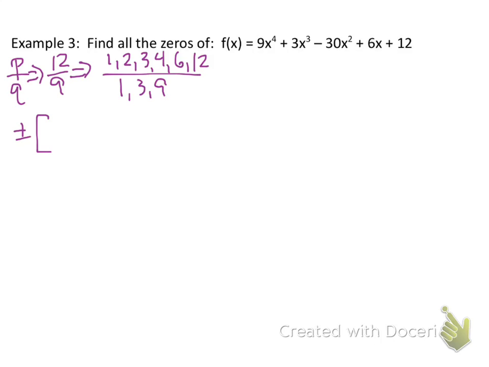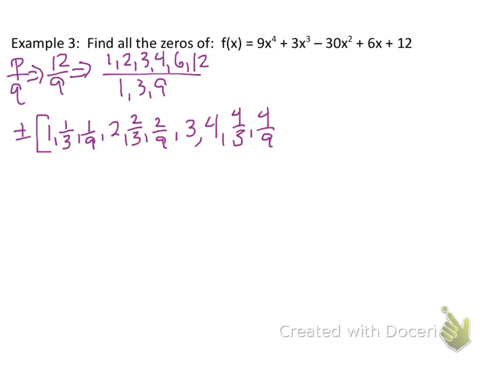So my possible rational zeros: 1 over 1, 1 over 3, 1 over 9, 2 over 1, 2 over 3, 2 over 9, 3 over 3, 3 over 1. 3 over 3 is 1, so we don't have to relist that. 3 over 9 would be 1/3, which we've also listed. 4 over 1, 4 over 3, and 4 over 9. 6 over 1. 6 over 3 is 2, we've already listed that. 6 over 9 is 2/3, we've already listed that. 12 over 1. 12 over 3 is 4.